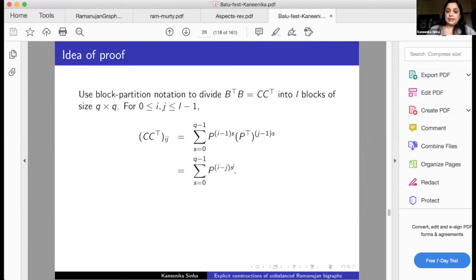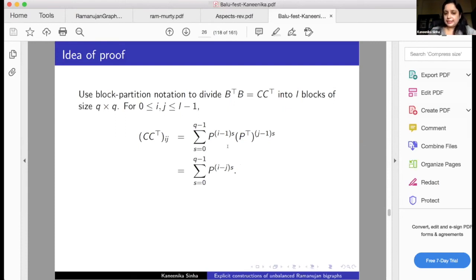If you take the ij-th block, so C times C transpose sub i comma j is that matrix block which can be composed with the help of the following formula. You have to take the i-th row block of P and the j-th column block of P transpose.